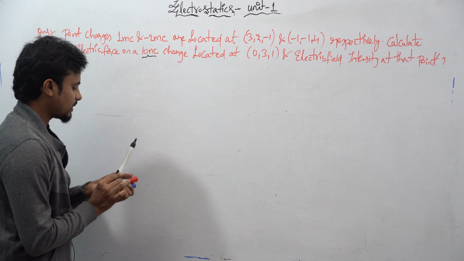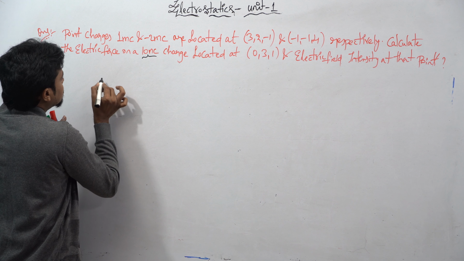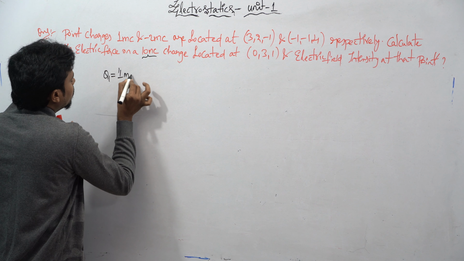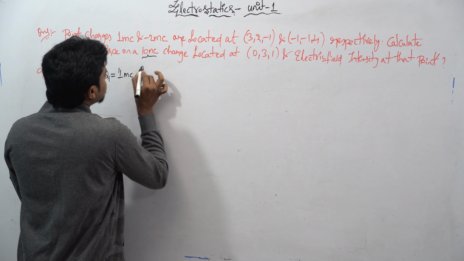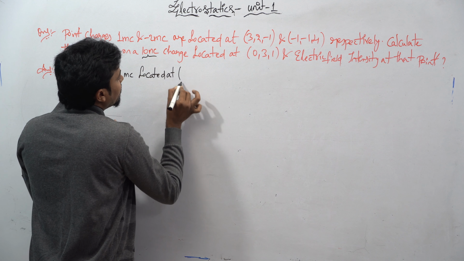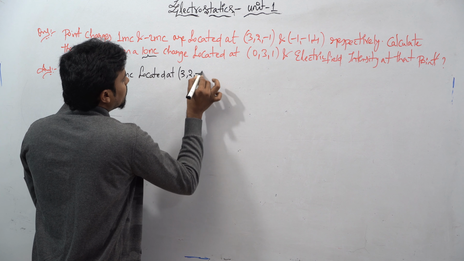Here, first I will consider my charge Q1, which is 1 millicoulomb, located at the coordinates 3, 2, minus 1.